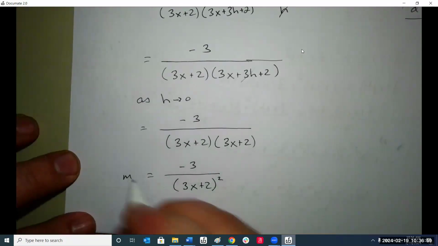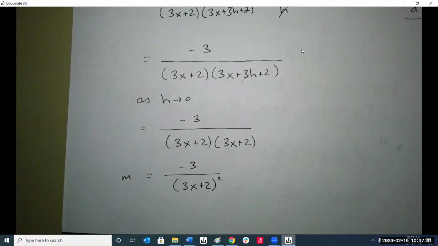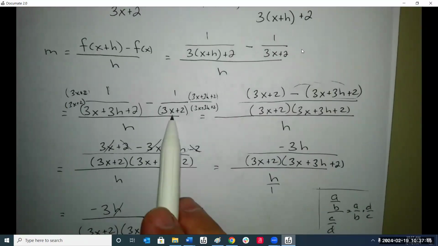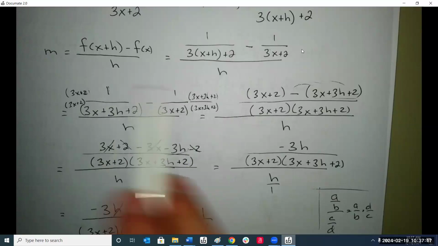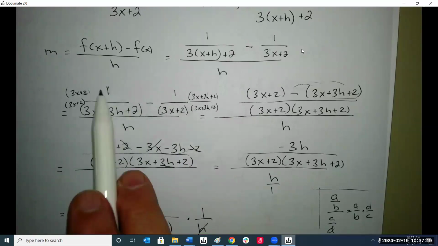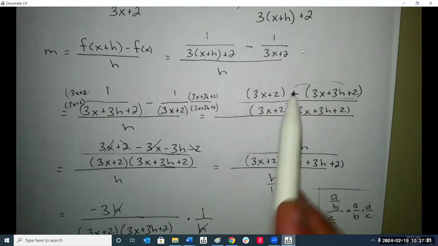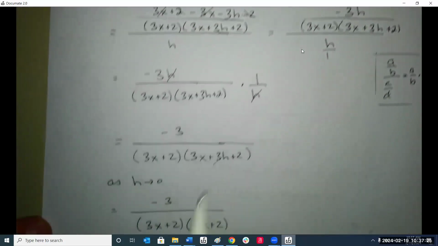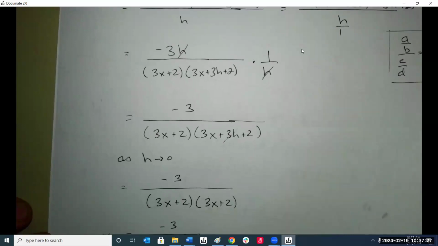That's your slope at any x you give me. When you have fractions, it gets big really quick, and then it simplifies down really fast also. But you have to remember, you have to get a common denominator, multiply it, so this one goes to there, this one goes to there. Simplify the top, flip the bottom, and h goes to 0.